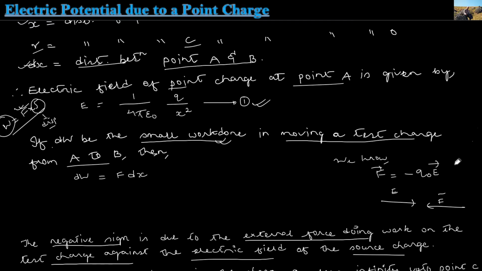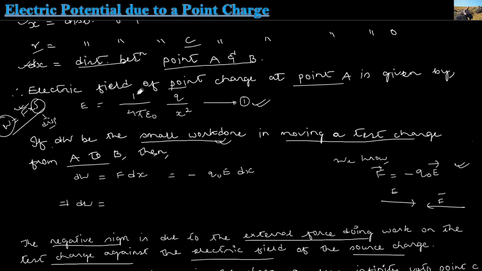So we will use this equation to find dW. Here this will be minus Q naught E into dx, and this is dW.